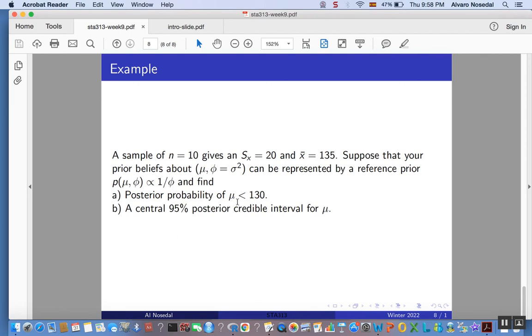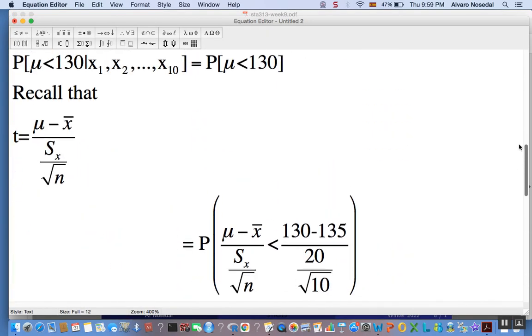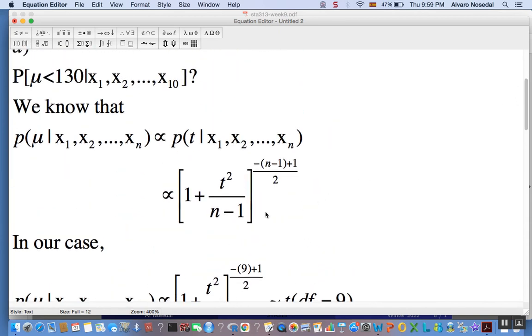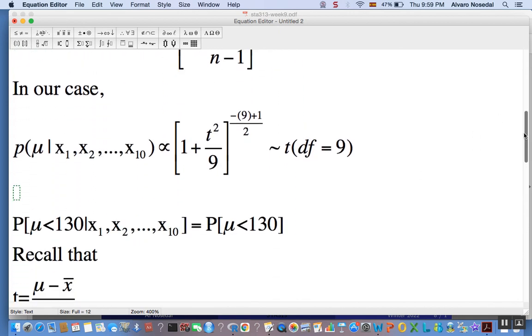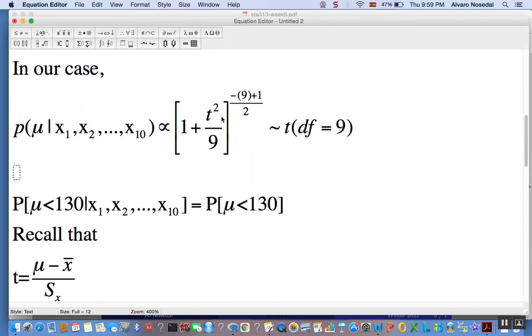Using what we did before, remember that under these conditions we derived the posterior distribution of mu given the data. We showed that the posterior distribution of mu given the sample was a t-distribution with n-1 degrees of freedom. So we just used that. Something else that was useful from that derivation was the relationship between mu and t.